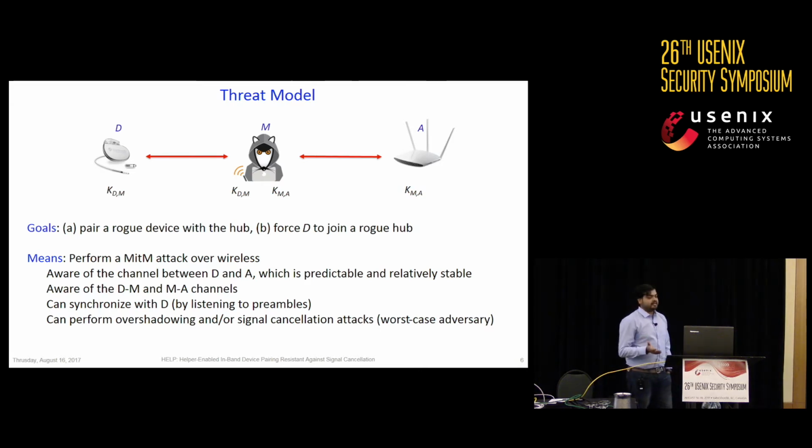To do so, the adversary needs to be aware of the D2A channel, which is relatively stable and predictable for indoor environments. The adversary needs to be aware of the channel to the device and the hub, which it can compute from the preambles. It needs to synchronize with D, which it can do with the preambles of the transmission. And using these, the adversary can now perform an overshadowing attack or a signal cancellation attack to do the man-in-the-middle attack.